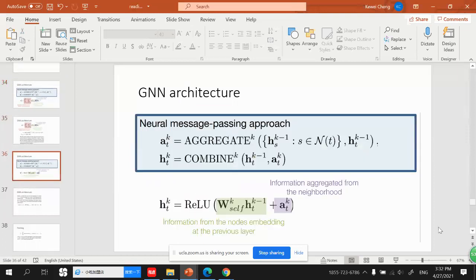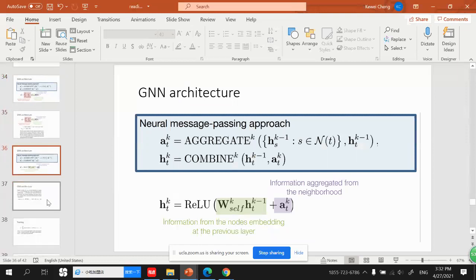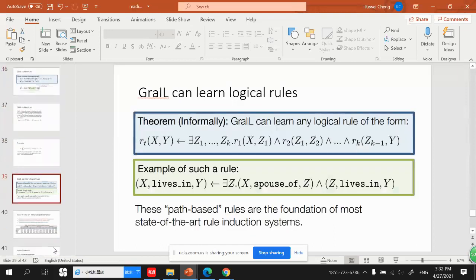And then we can see that the final embedding will encode all possible paths in this subgraph. So it naturally has the ability to learn the chain-like logical rule in this way.